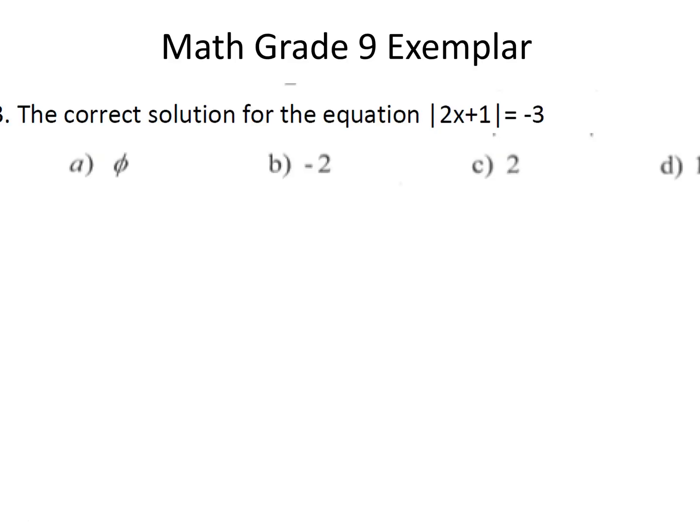The correct solution for this equation is, these bars right here mean absolute value. Absolute value is just the distance from 0.